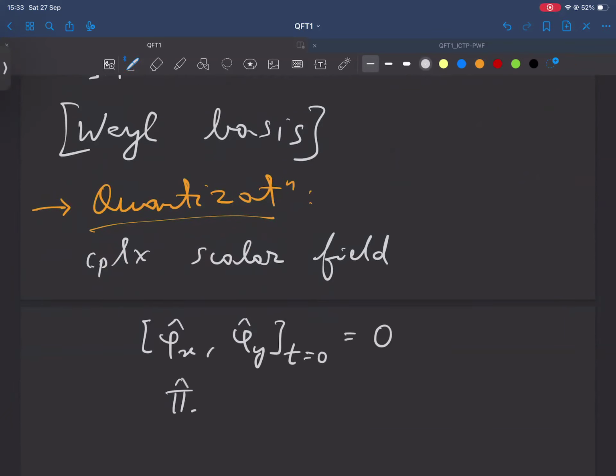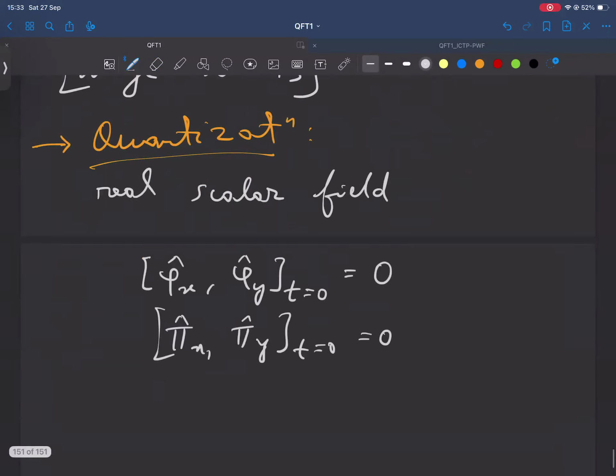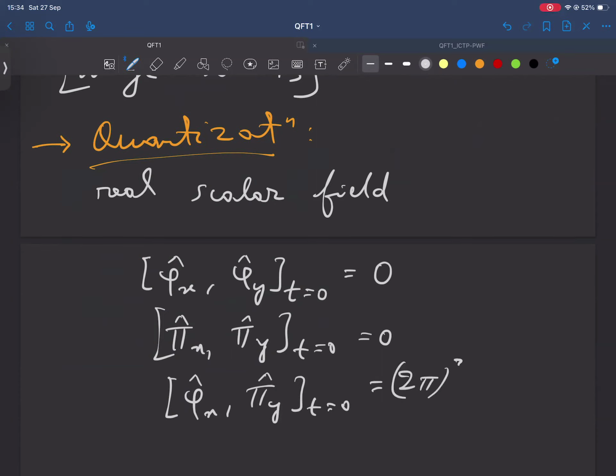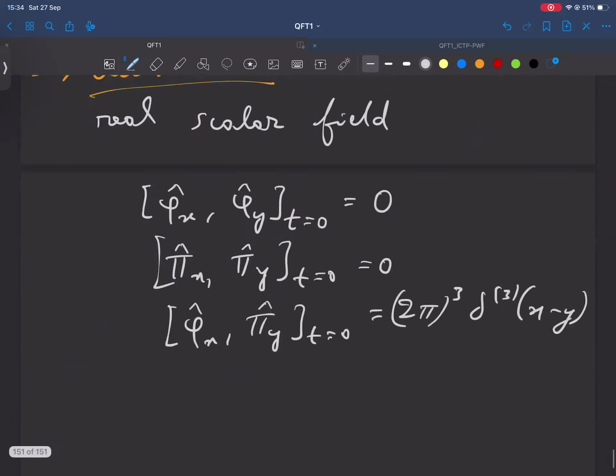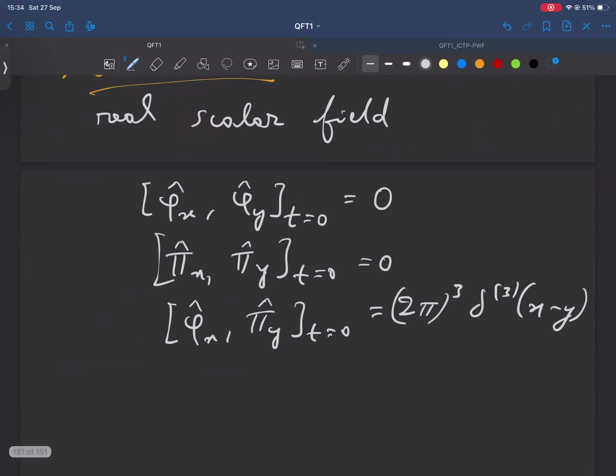Similarly, the momenta, they commute. Let's look at the real scalar field, that's easier, otherwise I'll have to put daggers here and there. And phi(x) and pi, the canonical momenta operator, they didn't commute. In fact, they satisfied this commutation relation.